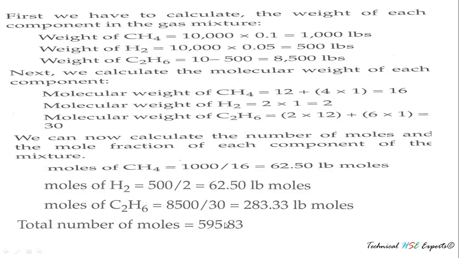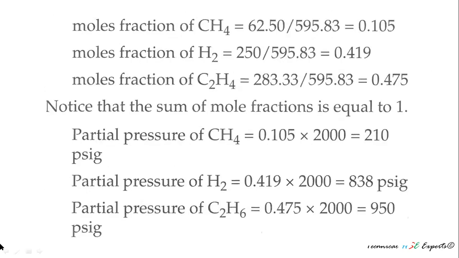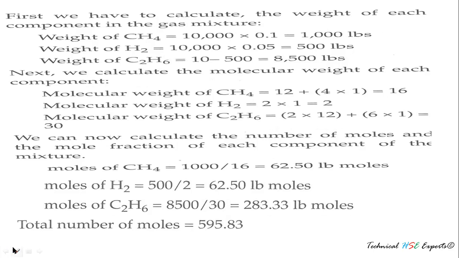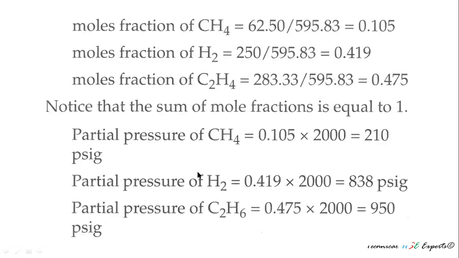After identifying the moles and total mole, you can identify the mole fraction. The mole fraction for each compound will be identified. After identifying the mole fractions, just cross verify by adding them all together; it should be equal to 1.